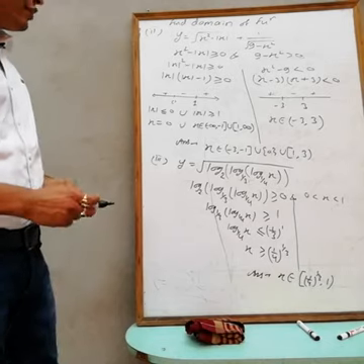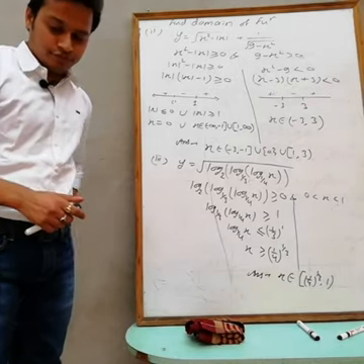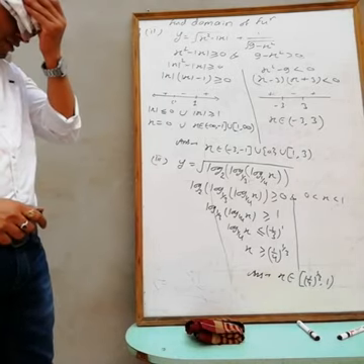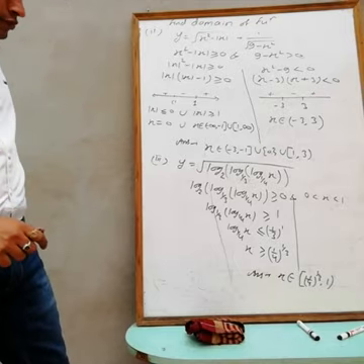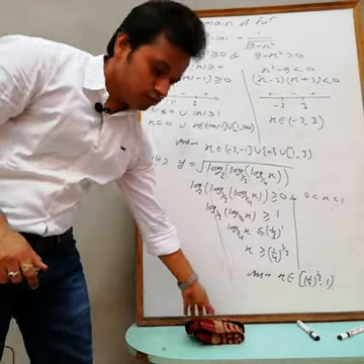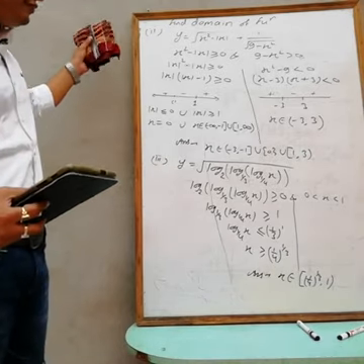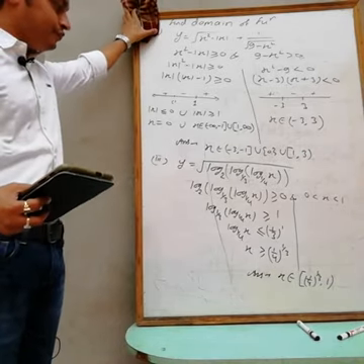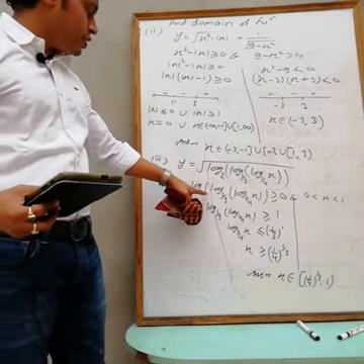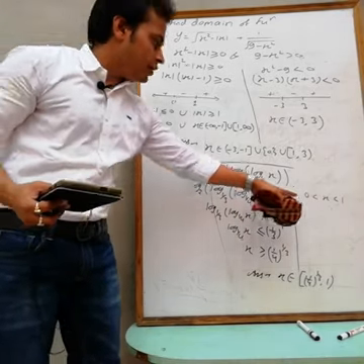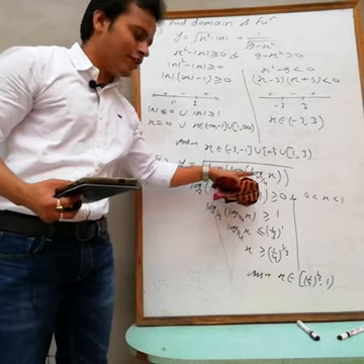Write it down. Pause and write it down. Now, this is the condition for the root and this condition is because of defining these logarithms.